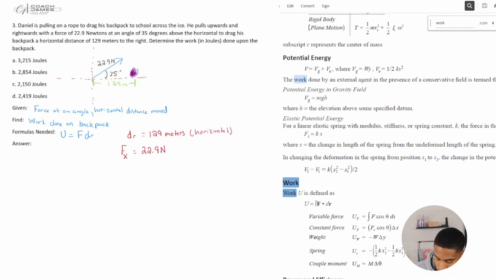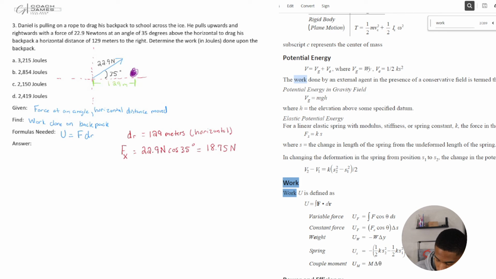How do I get the force in the x direction? Well, I'm going to do 22.9 times cosine of 35 degrees. And that's going to give me my force in the x direction. So once I put that in my calculator, I get 18.75 newtons. Okay. All right.